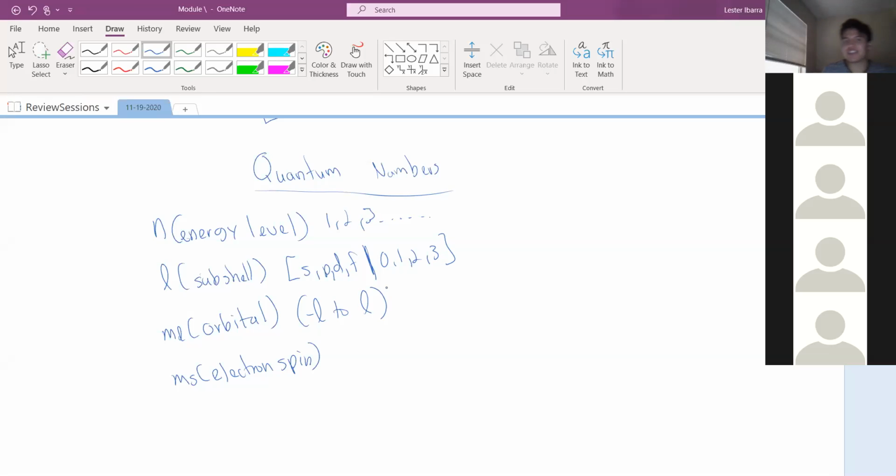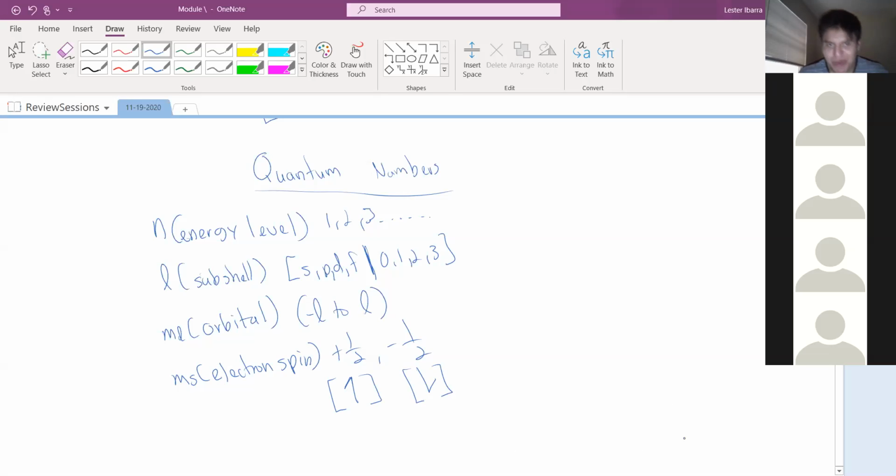And then your electron spin, you have how many possible values? 2. Positive 1/2 and negative 1/2. And how do we know if it's going to be positive 1/2? If the arrow is pointing up, and if it's negative 1/2, it points down.